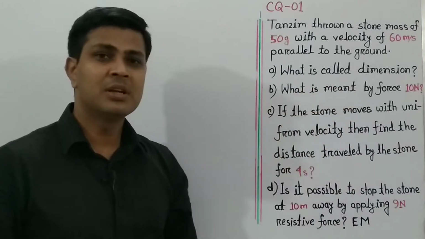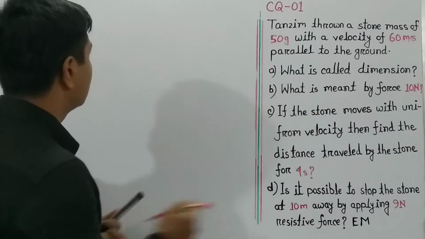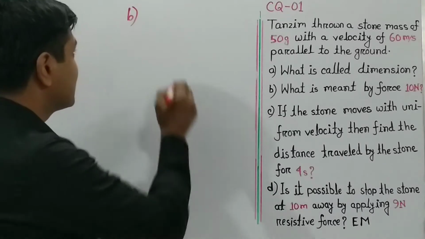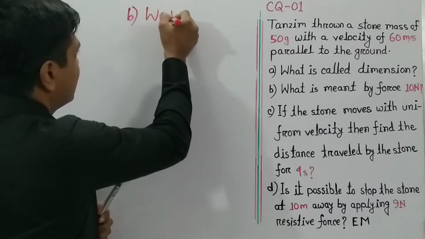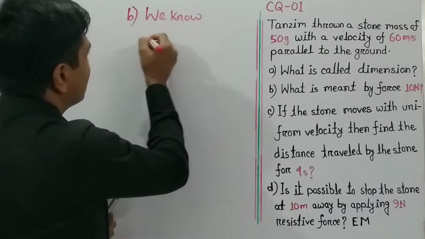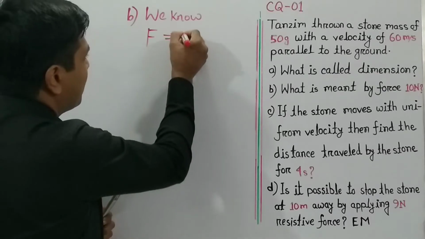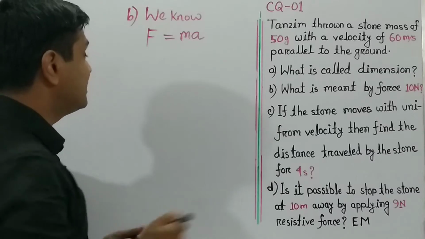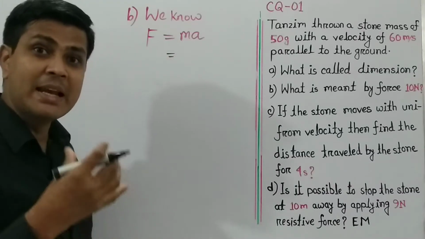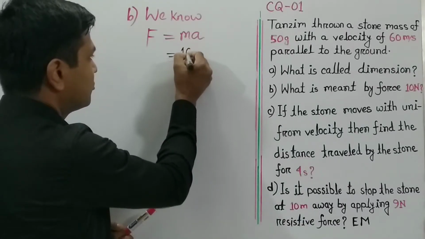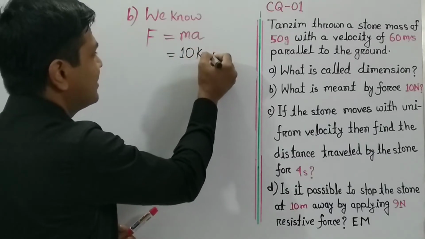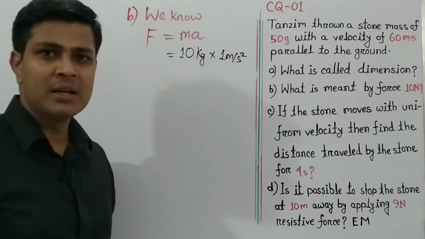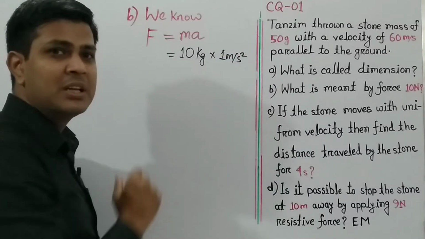Let's see the question in mathematical terms. We know to calculate the force, F equals ma, and if we consider the mass of the body is 10 kg, accelerating with 1 meter per second square, that is said to be 10 Newton.